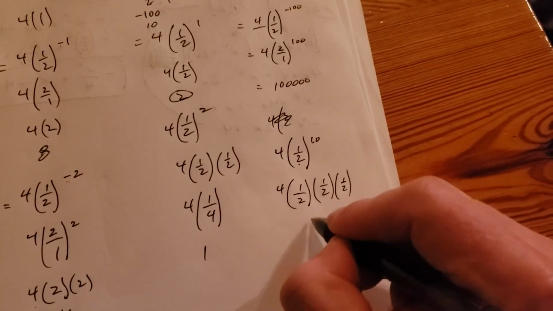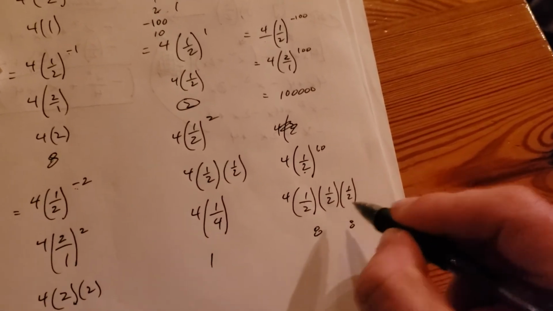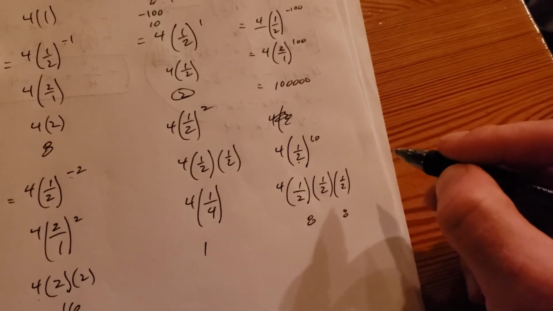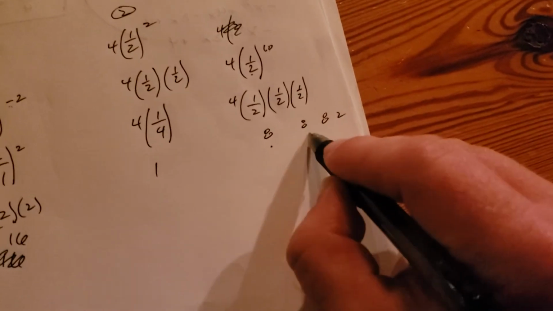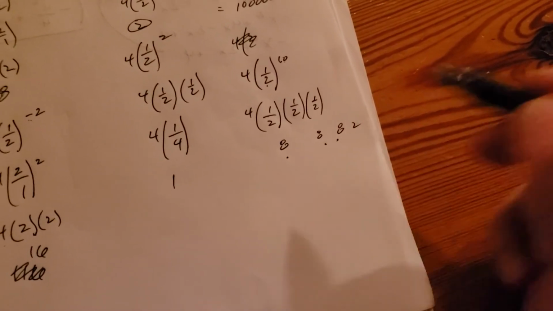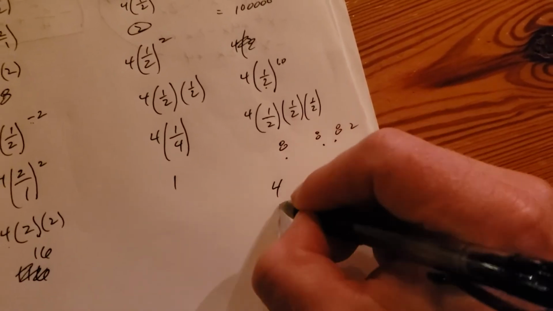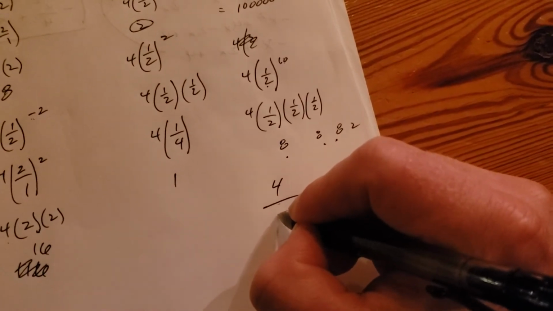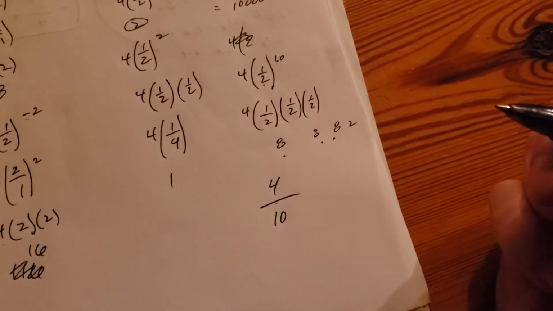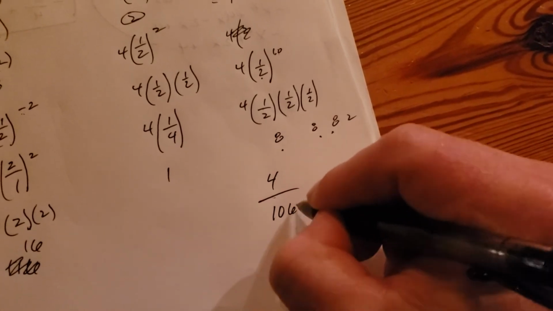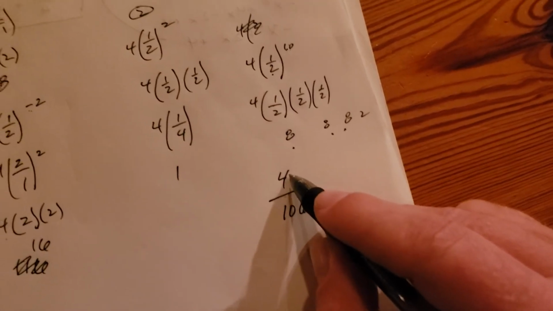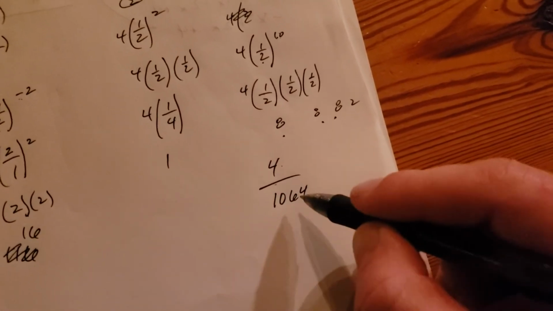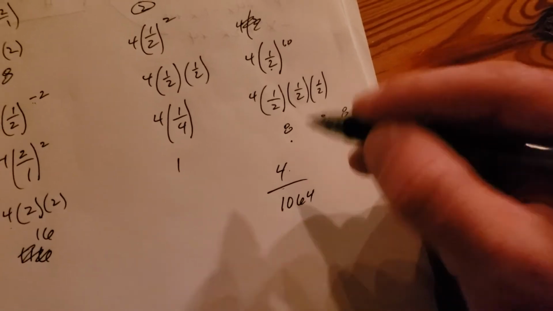Let me do this quick in my head. 2, 4, 8, 16, 32, 64 times 8, whatever that's going to be. So 4 over, I think it's like 1,050. I'm close. But either way, notice that we're not going below zero. It's just a super small number, less than 1.